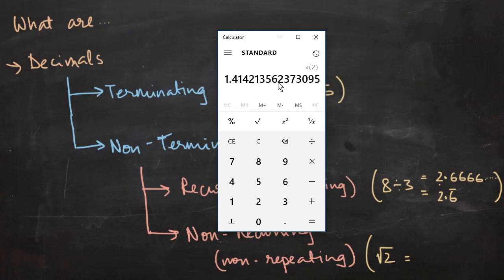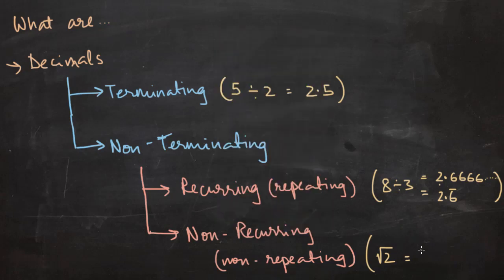No, there is no pattern. So such a number is approximated to about a few decimal places and then represented on the number line. Anyway, let's just put down this value 1.414 and so on. It does not recur, it does not repeat itself. So these are also examples of irrationals, right? Irrationals.